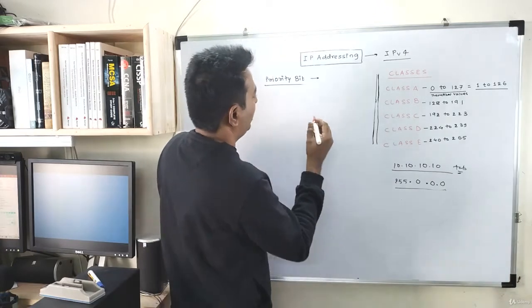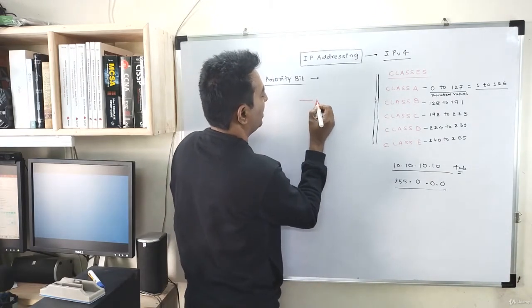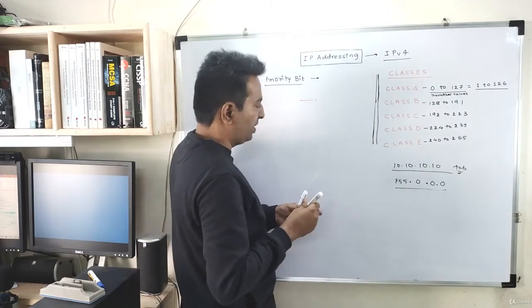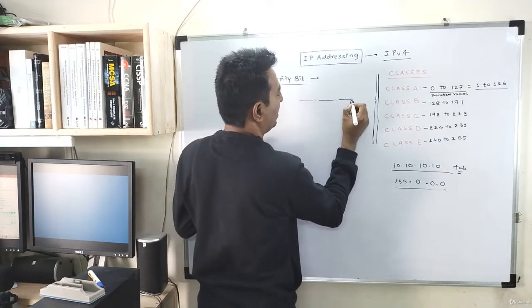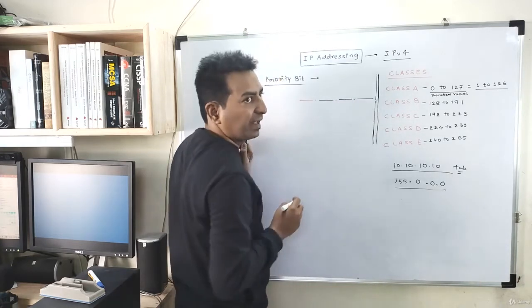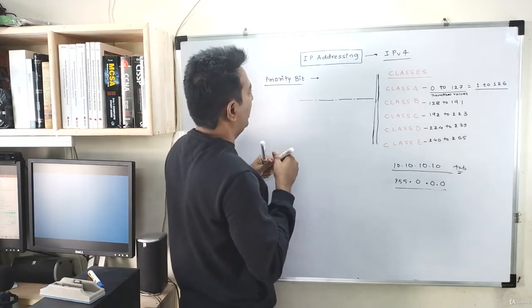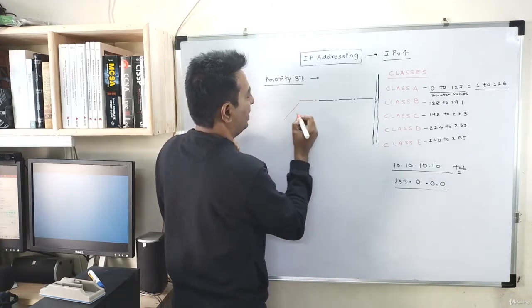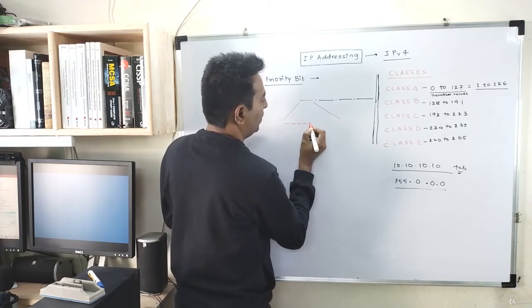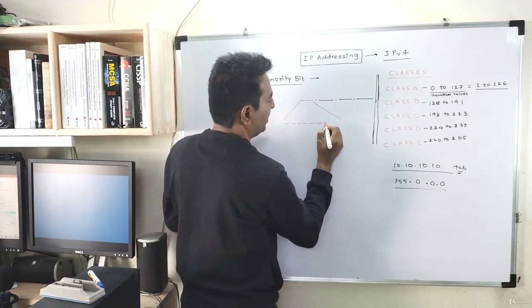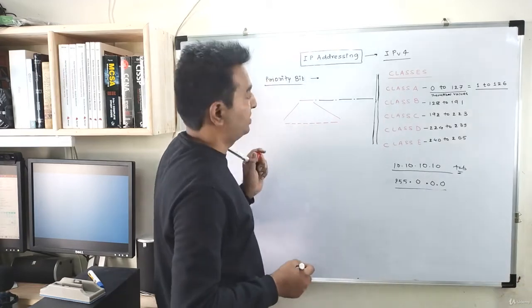So consider there is an IP address. We are only going to consider the first field when we talk about priority bits. The rest of the fields I'm going to leave as they are. Now let us consider the first field, and there are 1, 2, 3, 4, 5, 6, 7 and 8 bits.